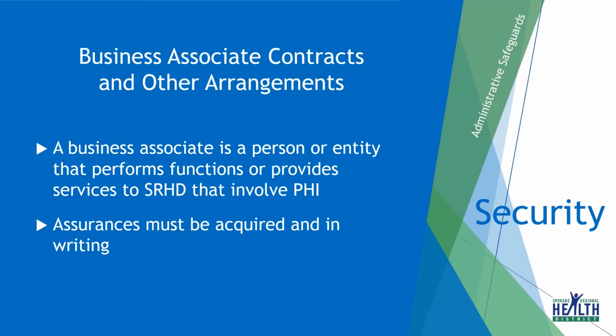The last standard in the administrative safeguards is the business associate contracts and other arrangements. As described earlier, SRHD must enter into an agreement with individuals or entities that meet the definition of a business associate.